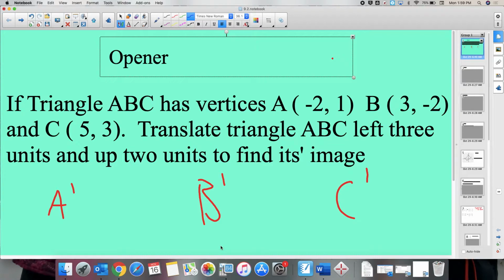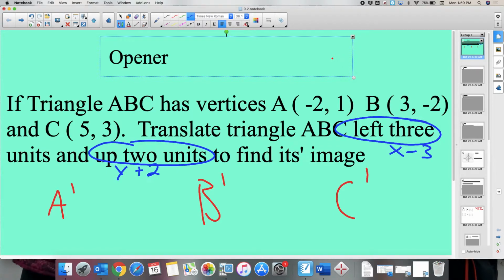In your opener, it says triangle ABC has your vertices that are given there. It says translate that figure left 3 units and up 2 units to find its image. So if I take point A, if we go left 3, then we are taking that x value and we are subtracting 3. If we go up 2 units, we are taking that y value and we are adding 2.